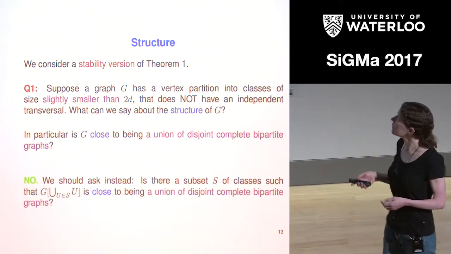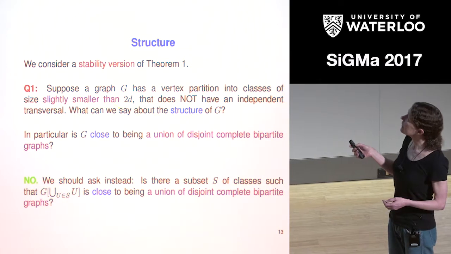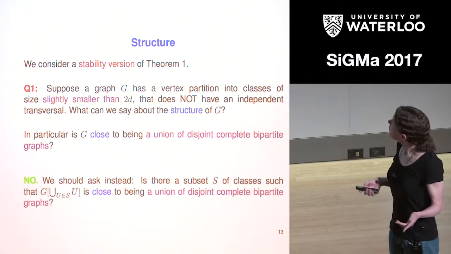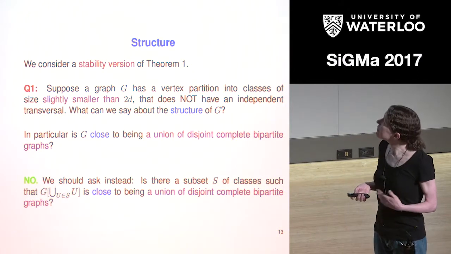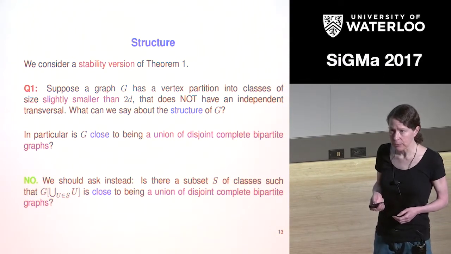So one might ask, if you're in this bad situation, you're only just slightly unlucky, classes are slightly smaller than 2d, can you at least conclude that your graph is somehow close to being a union of complete bipartite graphs, as in the extreme example?